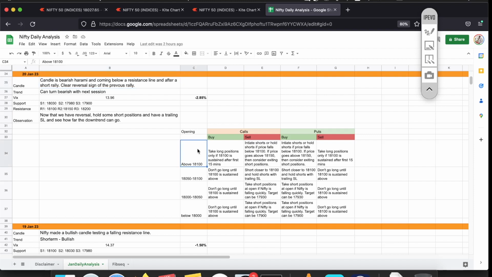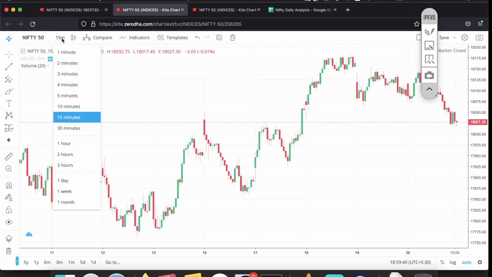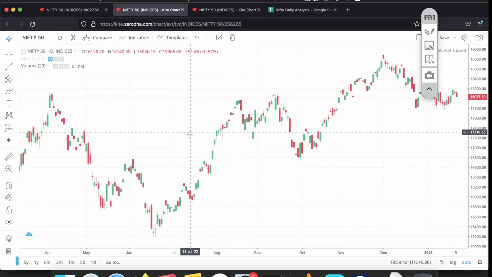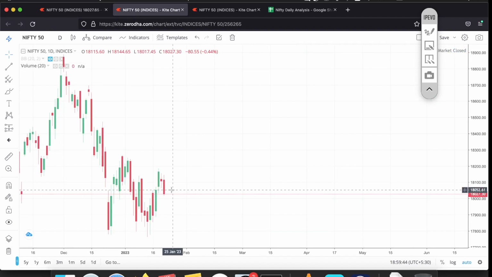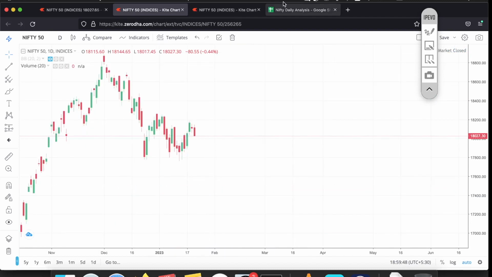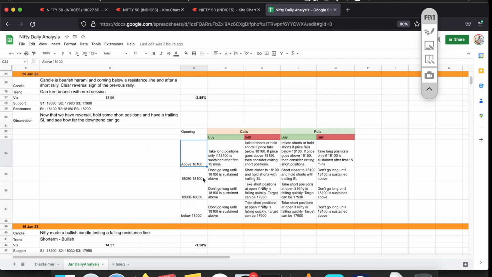So let us see where Nifty opened today on 20th Jan. Nifty opened at 18115. So that falls in the above 18100 bracket.